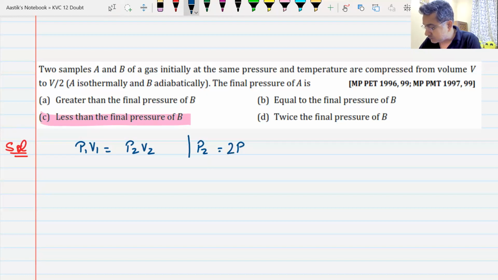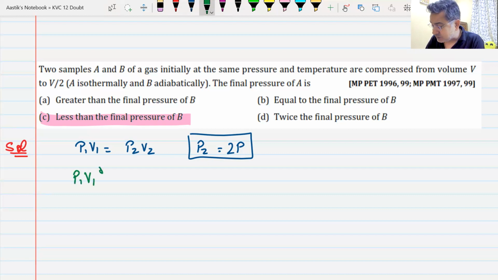Yes or no? Volume becomes half, so pressure becomes 2 times P. As simple as that. Now, if I talk about an adiabatic process, it is P1 V1 raised to the power gamma is equal to P2 V2 raised to the power gamma. From this, I will get P2 as P1, which is P into 2 raised to the power of gamma.